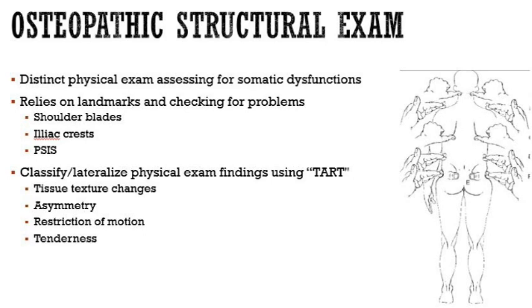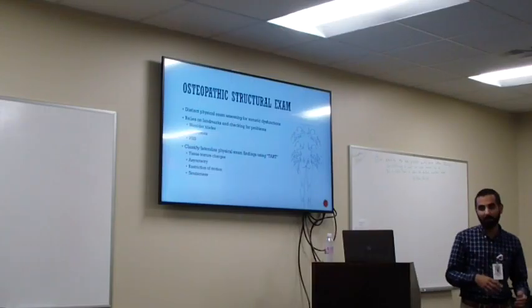If asymmetry exists, then somatic dysfunction also must exist somewhere. Some of the key landmarks are the inferior shoulder blades, the iliac crest, the PSIS, the ASIS, the shoulders. These are just some of the things that a resident would be looking for if they were doing a structural exam in front of you.